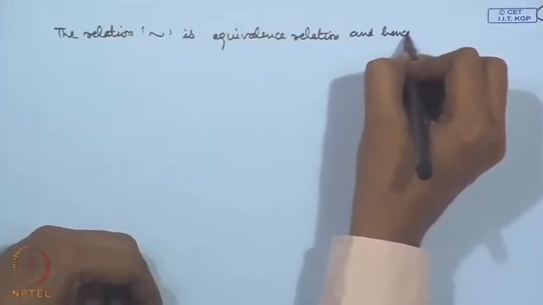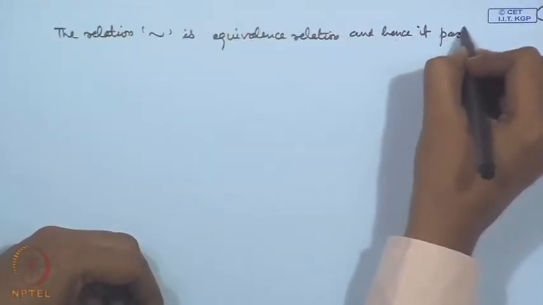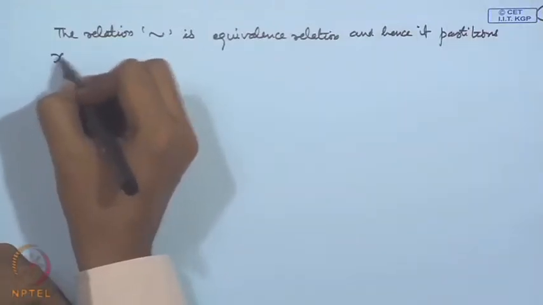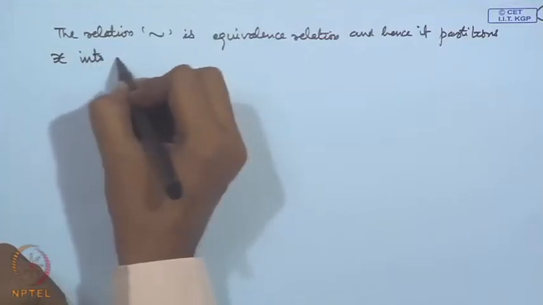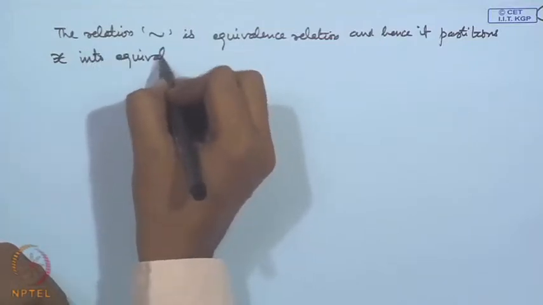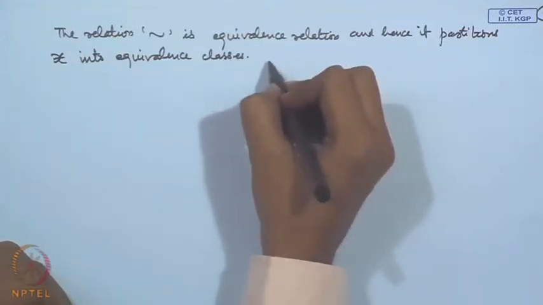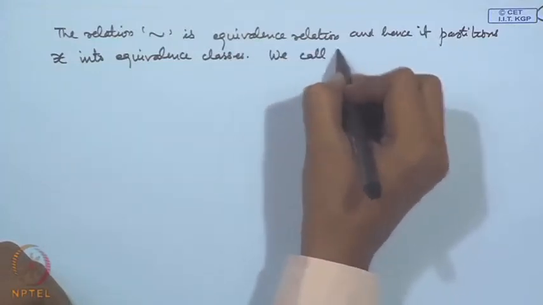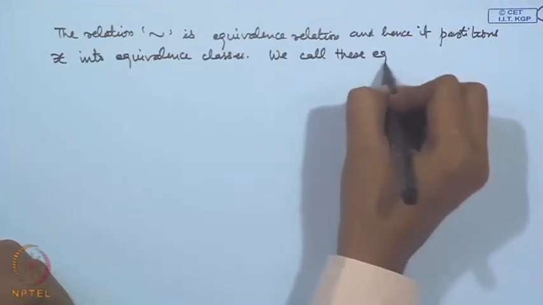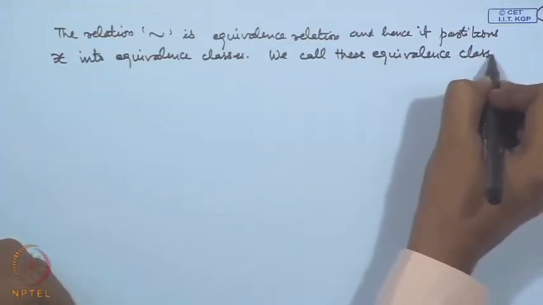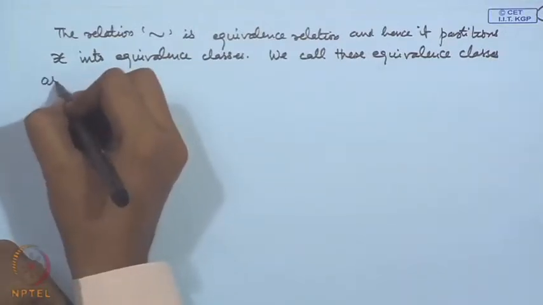and hence it partitions X into equivalence classes. We call these equivalence classes orbits.